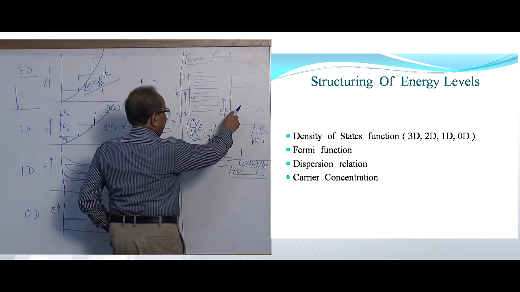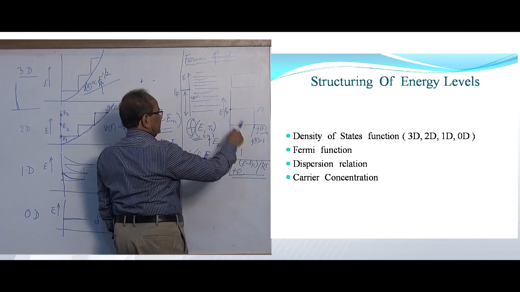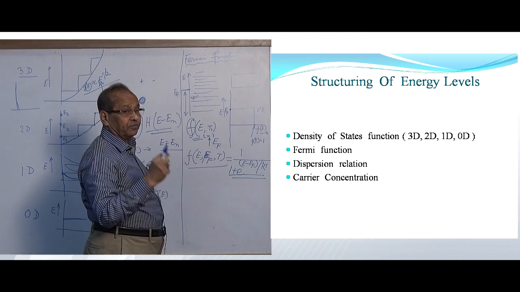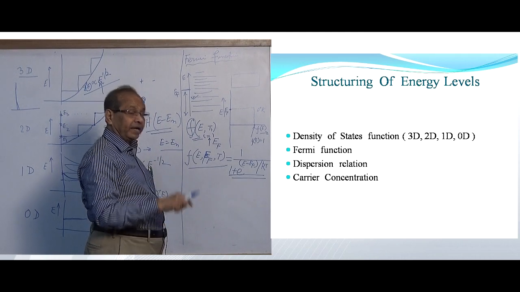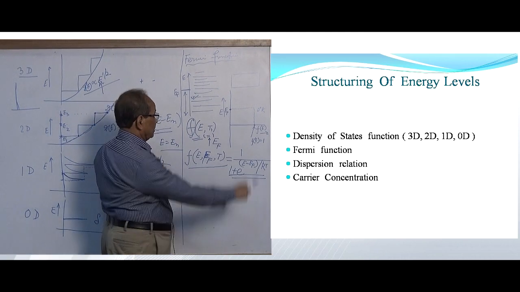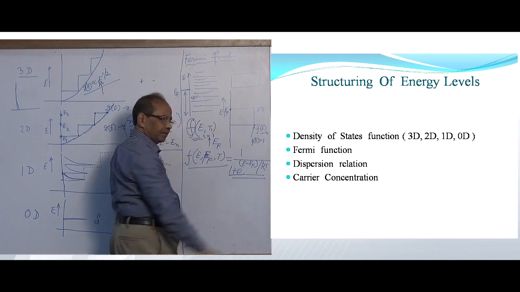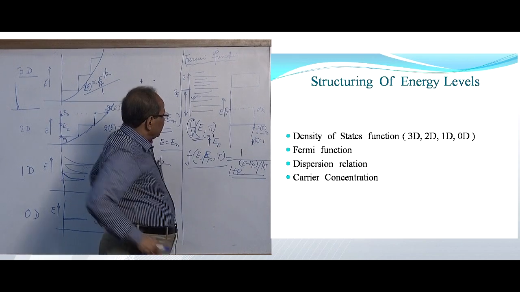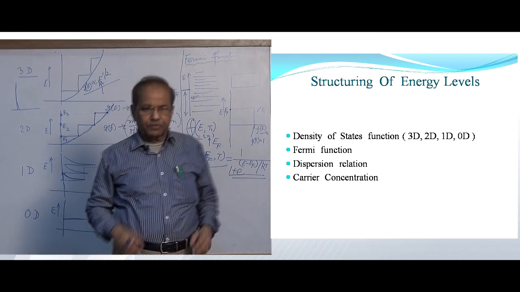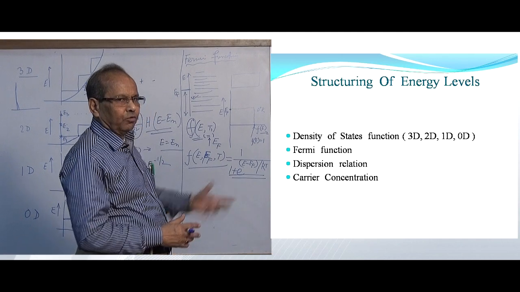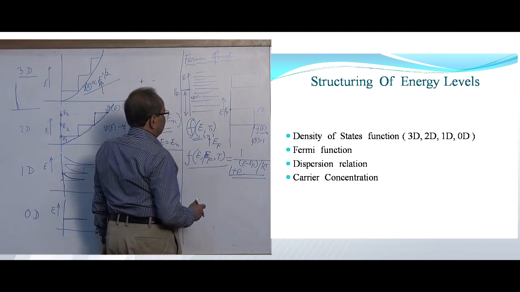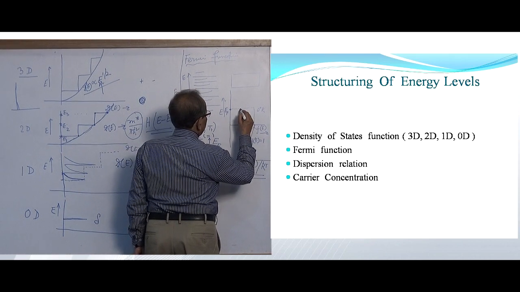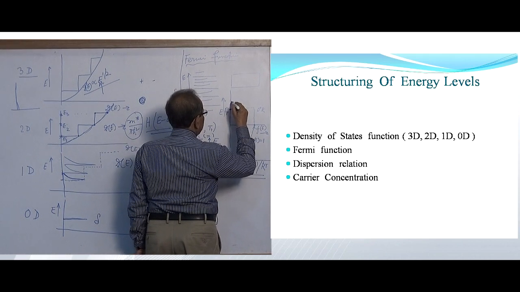So Fermi level is defined as, if a material is at 0 degree Kelvin, then what is the highest value of energy which is occupied by electrons? Yes, up to this. Below, yes, occupied, and after that no occupation. But if it is not 0 degree Kelvin, come to a finite temperature, so room temperature, then you will see that it looks like this.